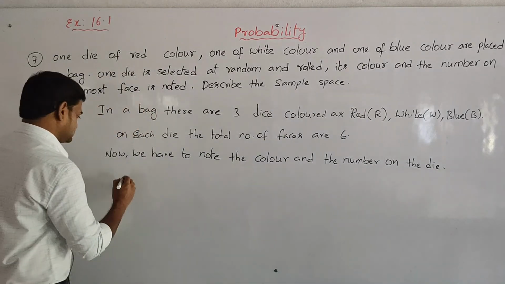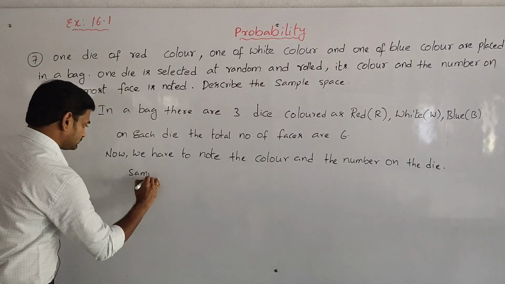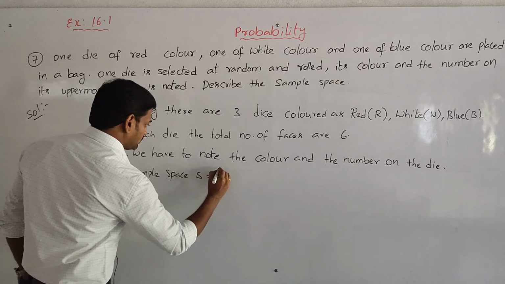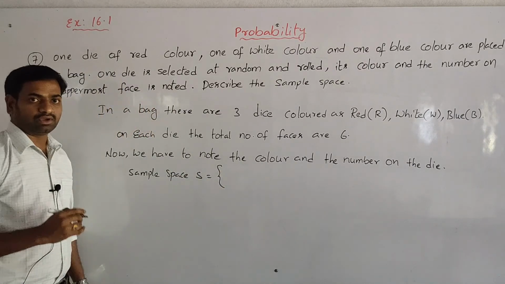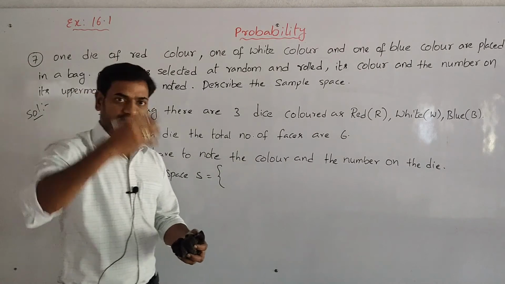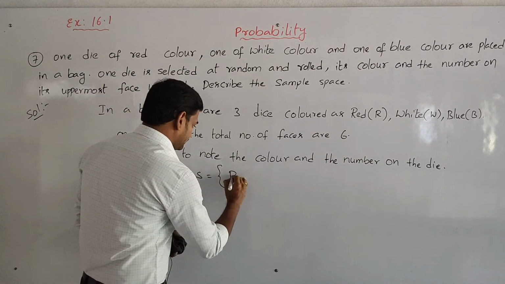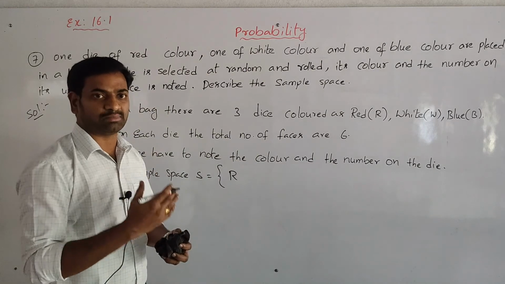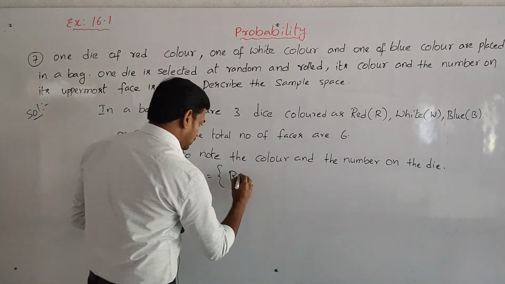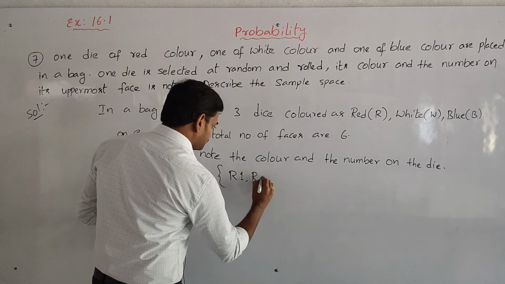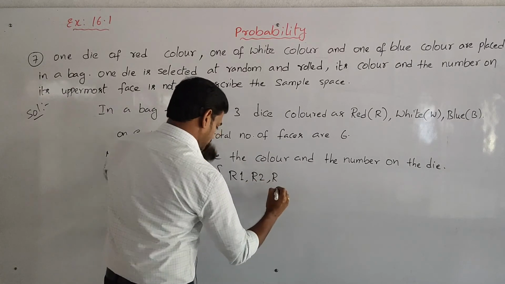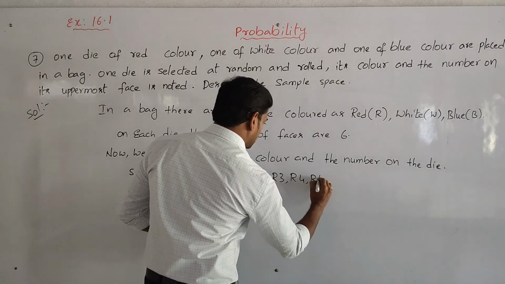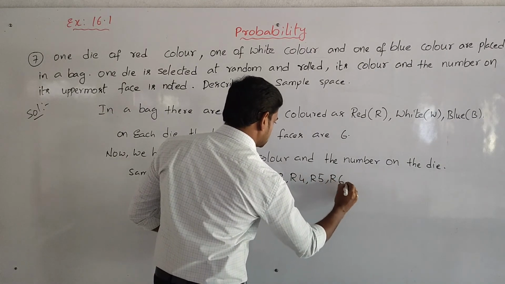So sample space is equal to, what is the sample space now? First I am taking, suppose it is the red die, and we have to roll the die. So you may get the numbers 1 to 6. So R1, R2, R3, R4, R5, R6.